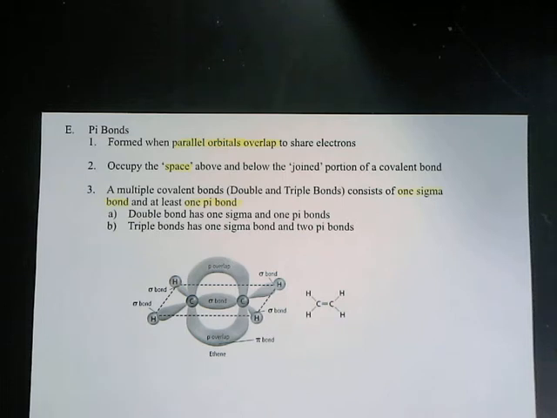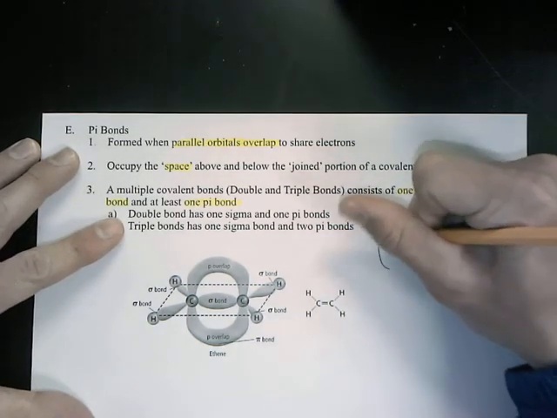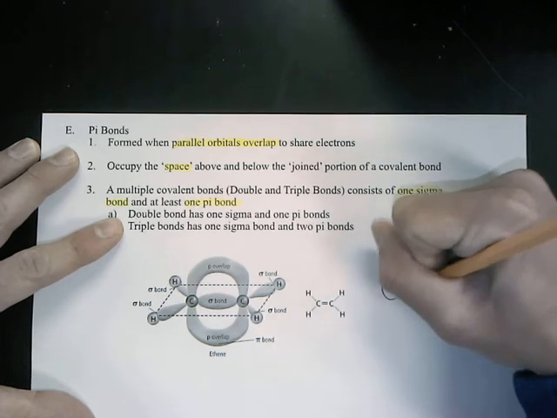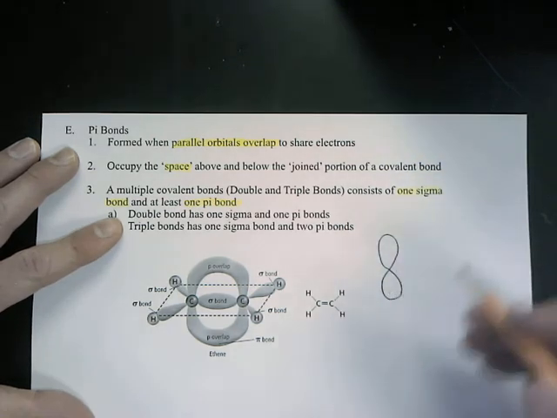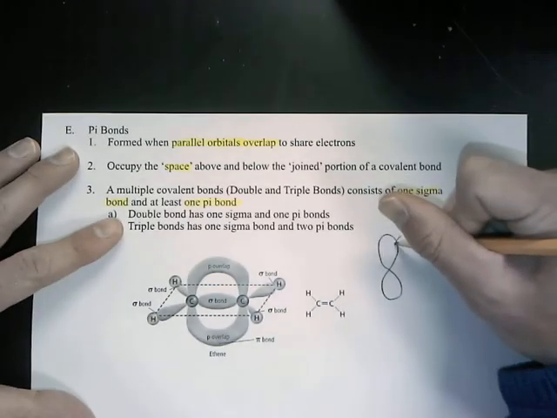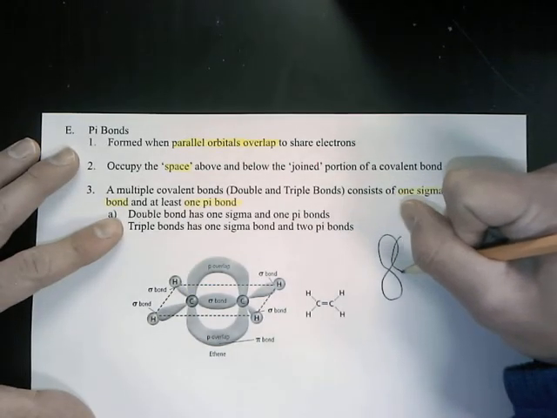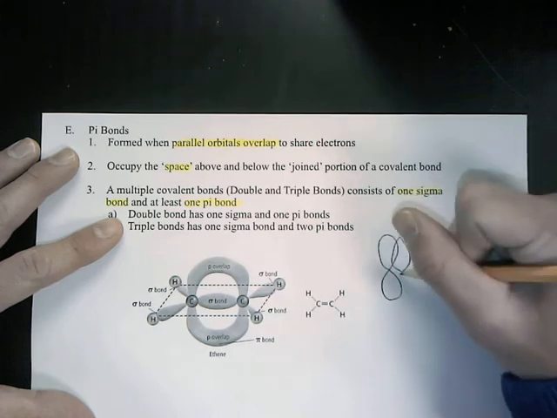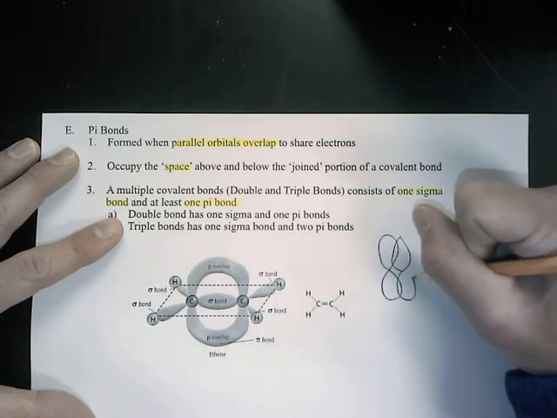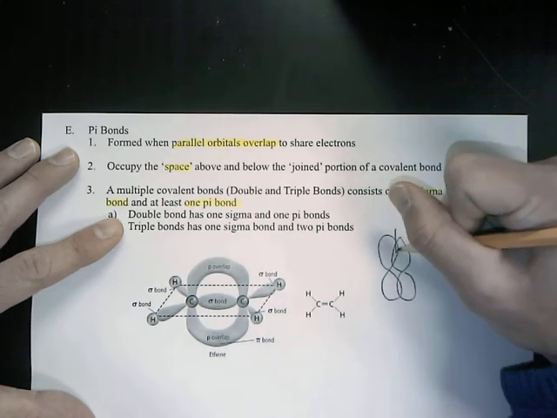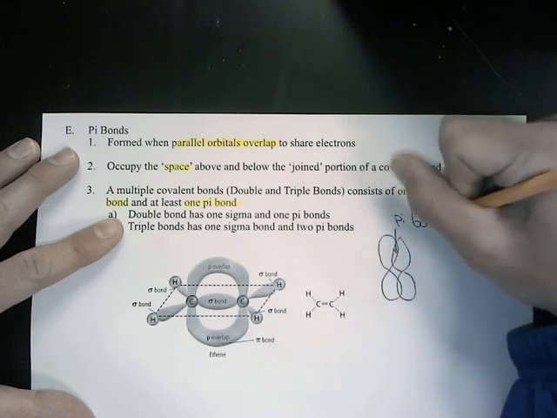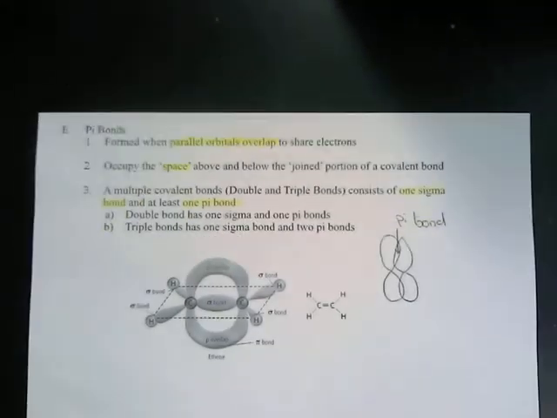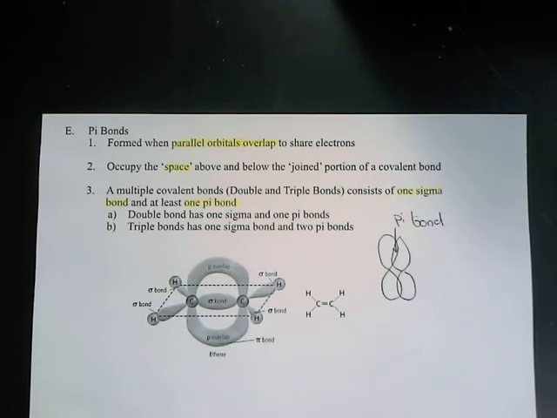Now, what this means for us, if we think about our p orbital, which again was this dumbbell shape, we would have one p orbital, and as atoms get closer and closer together, they would have this second p orbital. And this overlap here that I'm pointing to with an arrow is a pi bond. And that would be, again, our pi bond.